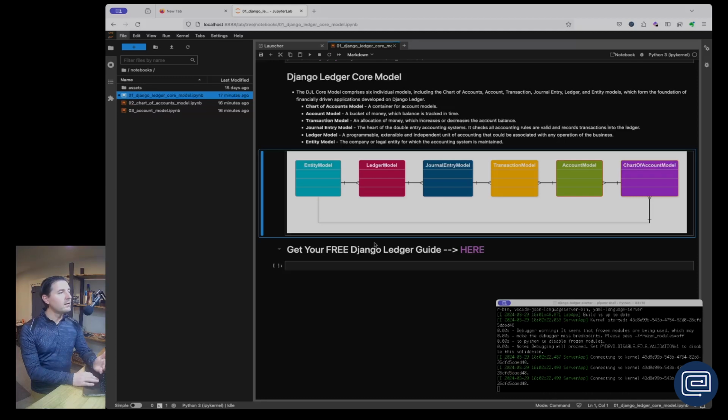As you can see, the entity model has a one-to-many relationship with the ledger model. And in reality, an entity model is just a logical grouping of ledger models. All ledger models together make up the entity model, which we will see in following videos. All right, we will start reviewing each one of these individual models from right to left.